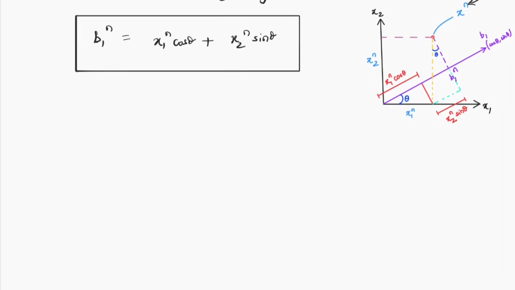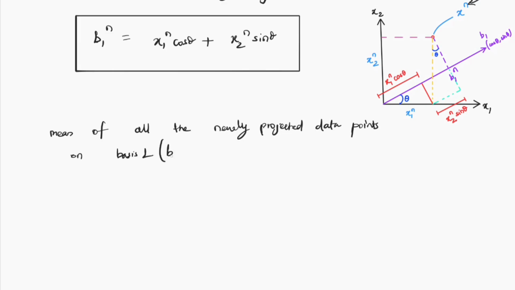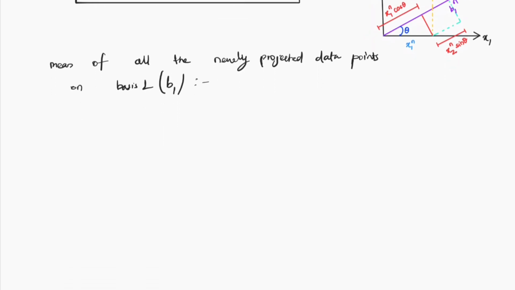So let us try to find out the mean of all the newly projected data points on basis 1, which is b1. So we try to find out the mean, which is going to be like this.